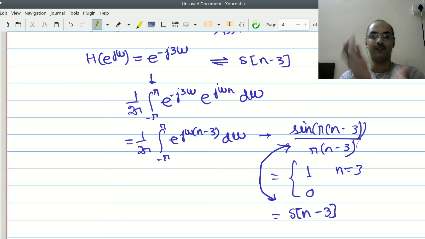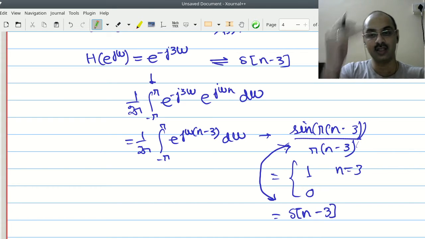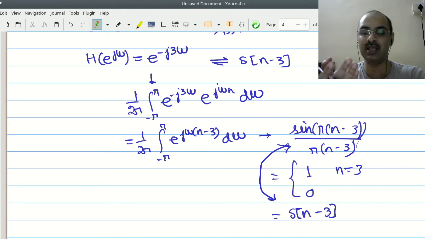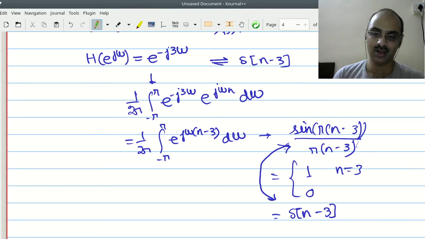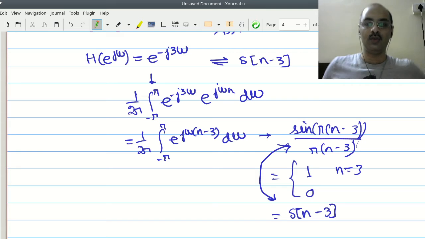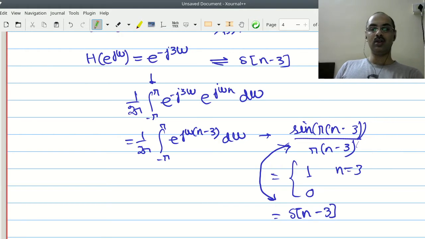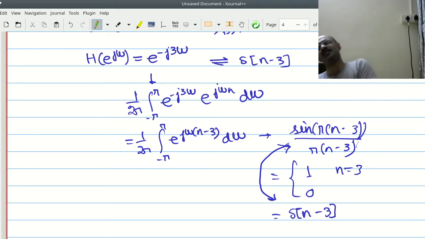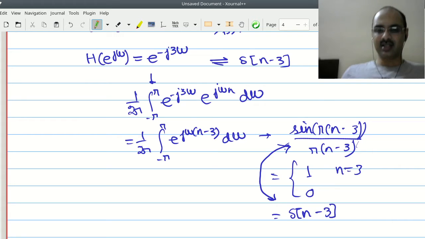Of course, be careful when you substitute n equal to 3, the 0 by 0 implicitly means you have to either use limits or you evaluate the integral carefully. Either way you get 1, which means that e power minus j 3 omega corresponds to just a delay of 3. Okay. Now this is reasonably easy to understand.